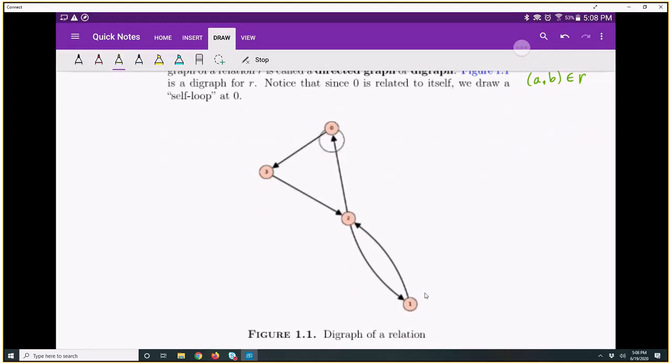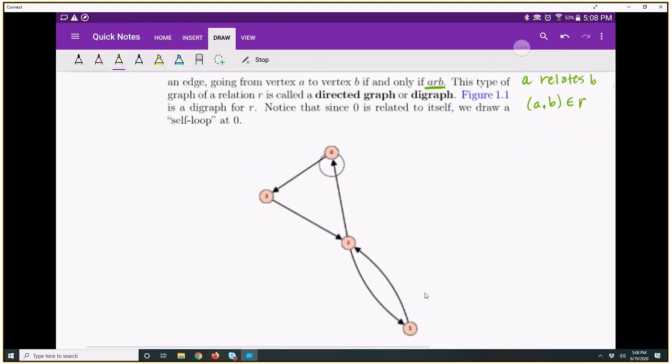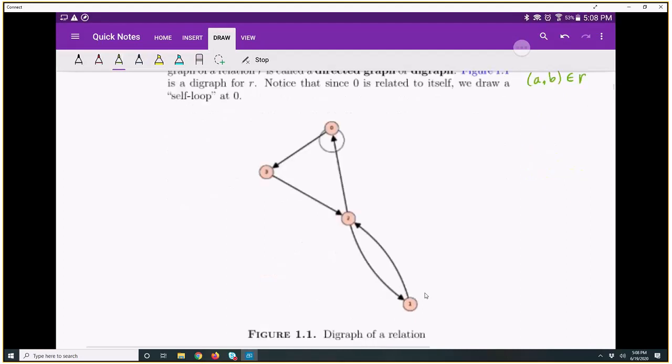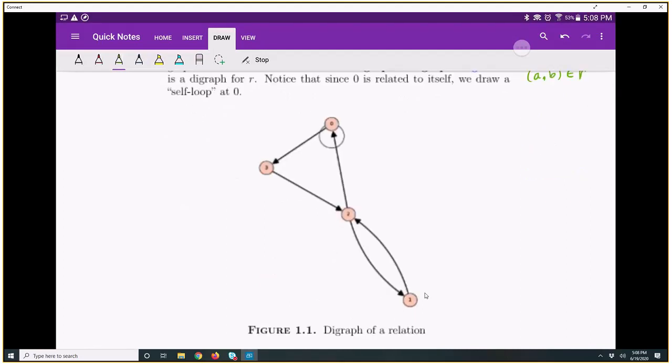So if we go back and look at our set R, we have the ordered pair, let's say, (2, 0), for example. (2, 0) is an ordered pair in our relation, and in this graph it shows up as the edge initiating at 2 and terminating at 0.